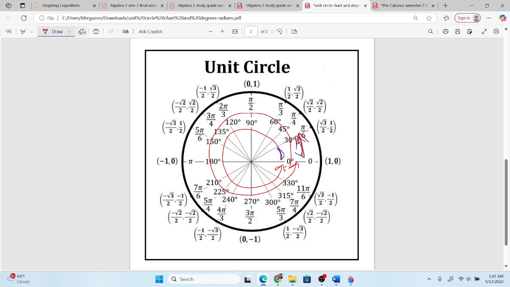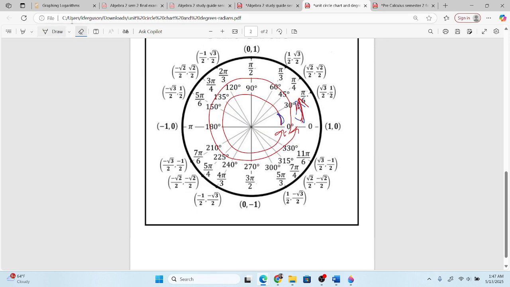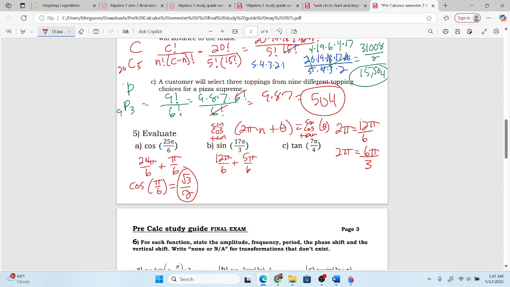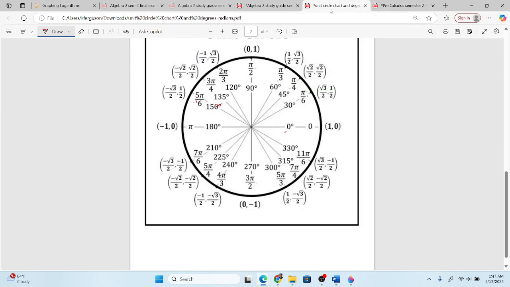I'm looking for 5 pi over 6. So after a revolution, 5 pi over 6, right there. After a revolution, I get to 150 degrees, and I'm looking at what? Sine? Sine of 150 degrees is 1/2.